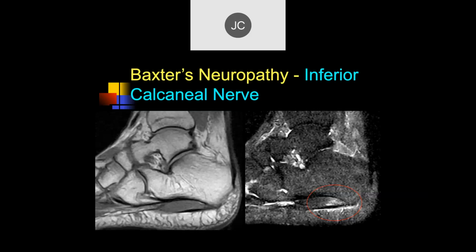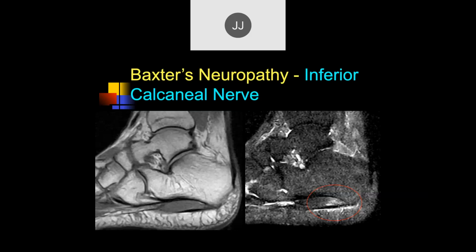They're very tiny. Mm-hmm. But one of the things about Baxter's nerve is that it's very tiny and it branches out. And to see them, it's like looking for a hair in that area.